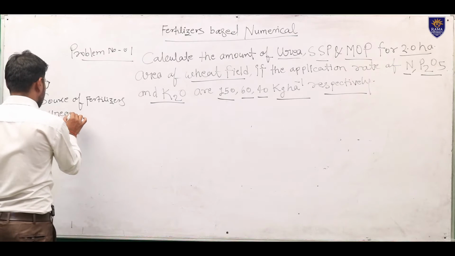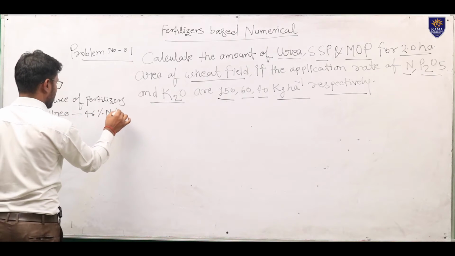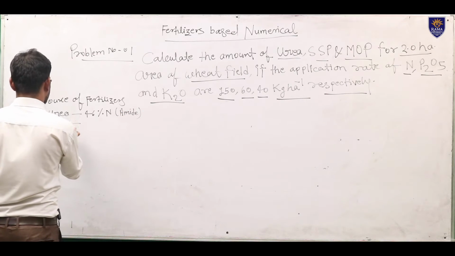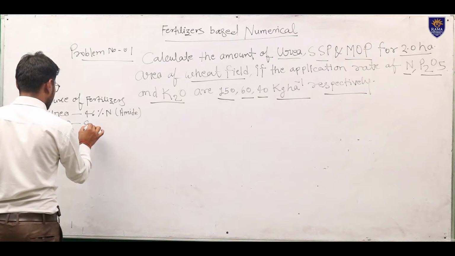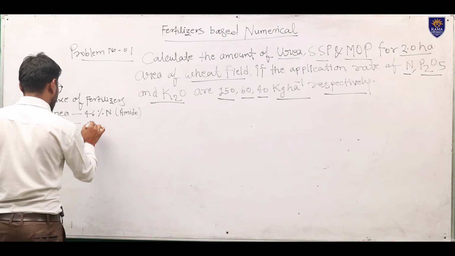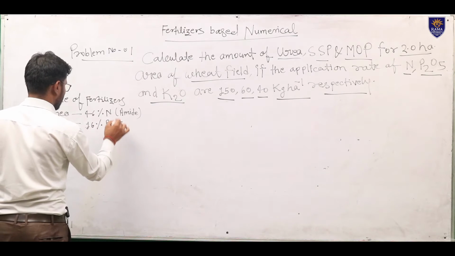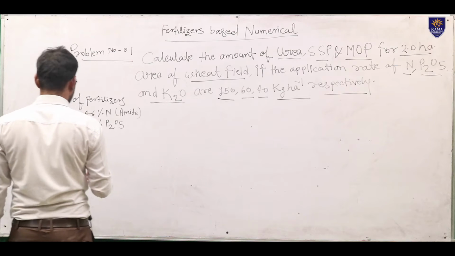We know that urea contains 46% nitrogen in the form of amide. Secondly, SSP, single superphosphate, contains 16% P2O5, phosphorus pentoxide, and this is a water soluble phosphatic fertilizer.